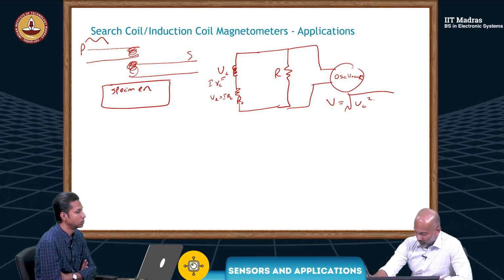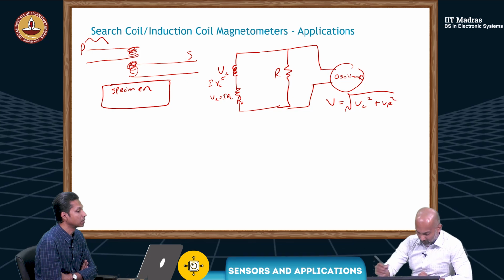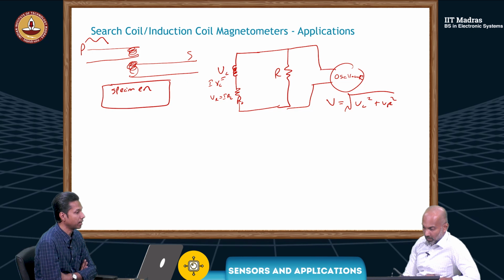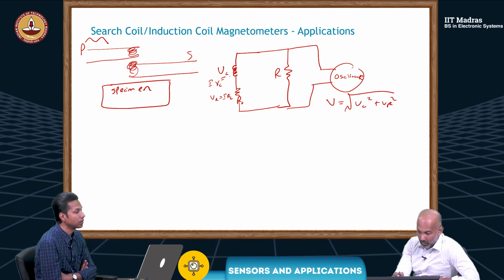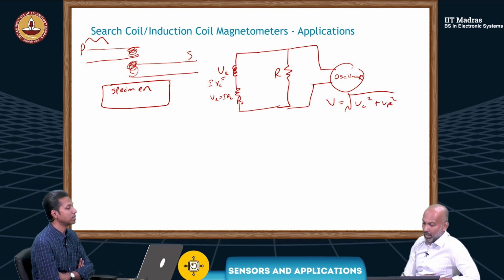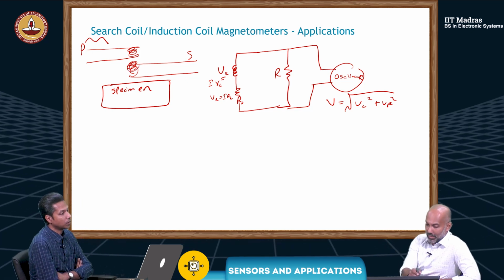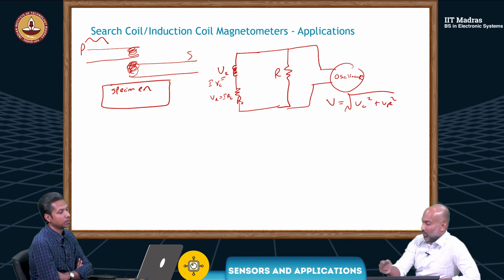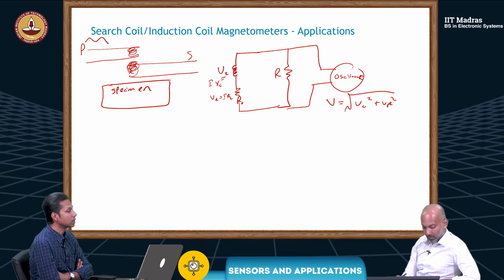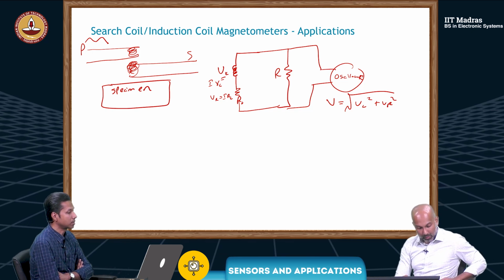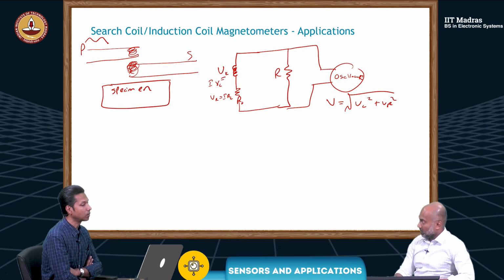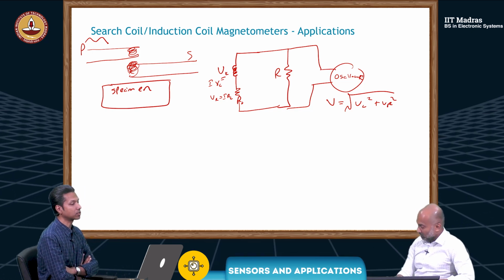So V_L is the voltage induced in the secondary coil, and R is the resistance of that coil. It has got some inductance also.